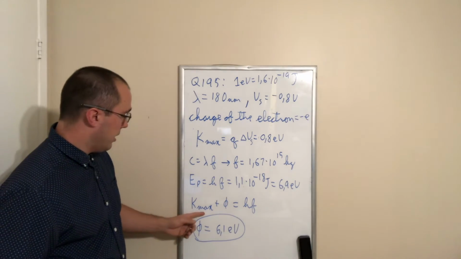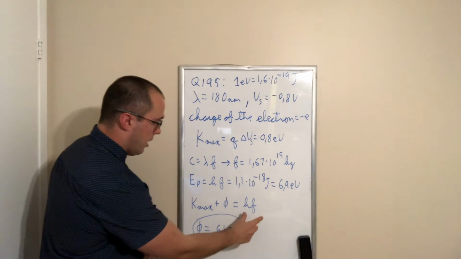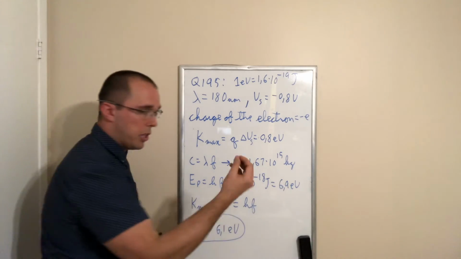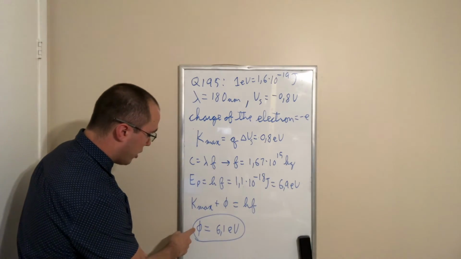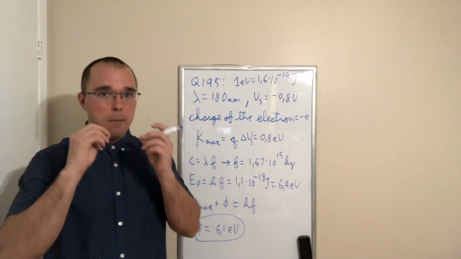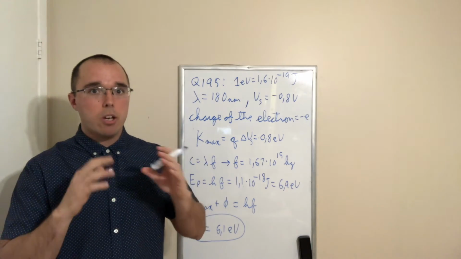And basically we got K max is equal to 0.8. We got the energy in each individual photon to be 6.9. If we combine everything, we get a work function that is equal to 6.1 electron volt. This is the minimum energy required for the electron to escape the metal.